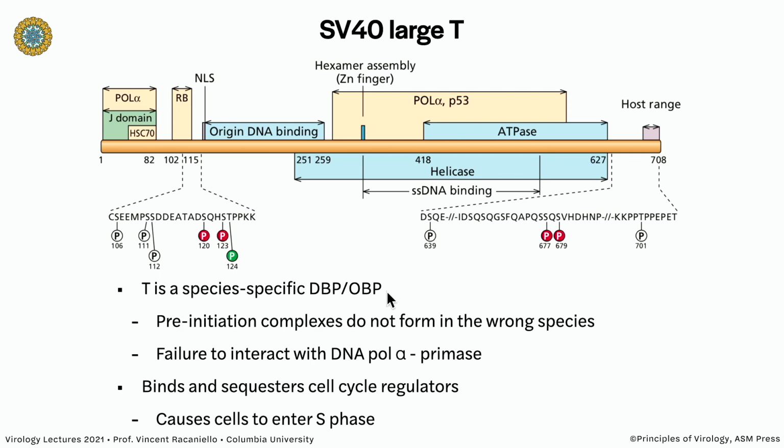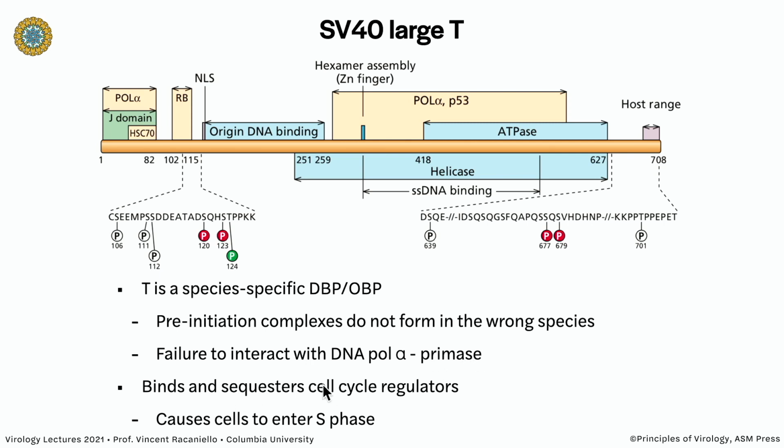There are murine polyomaviruses, where the murine virus will not reproduce in primates and vice versa. And much of that restriction, host range, is due to the T antigen. These pre-initiation complexes where the T antigen is binding the origin don't form in the wrong species. And as a consequence, you cannot recruit Pol alpha primase to the template, so the DNA never replicates.